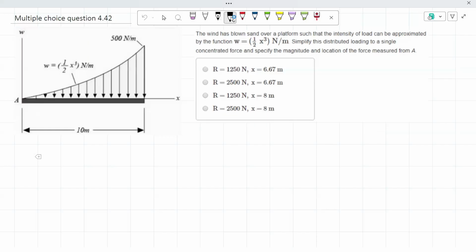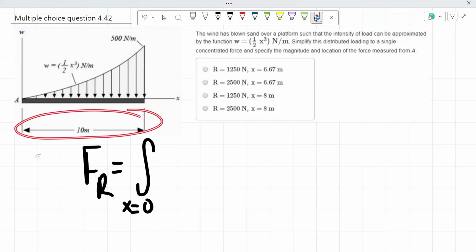We can find that by using this equation, where our force is equal to the integral from x equals 0 to, we know that it has a span of 10 meters, so 10 meters.